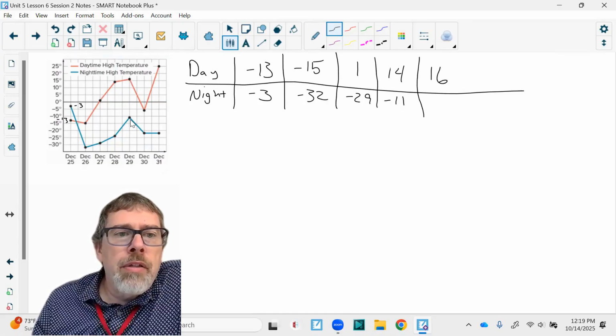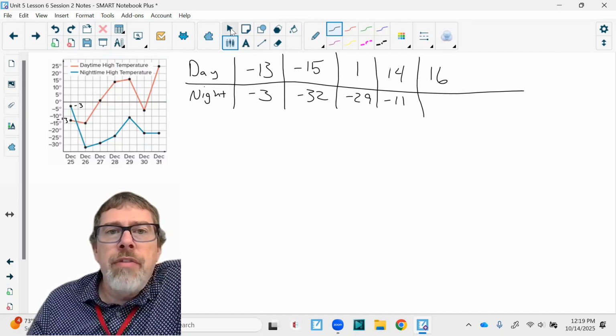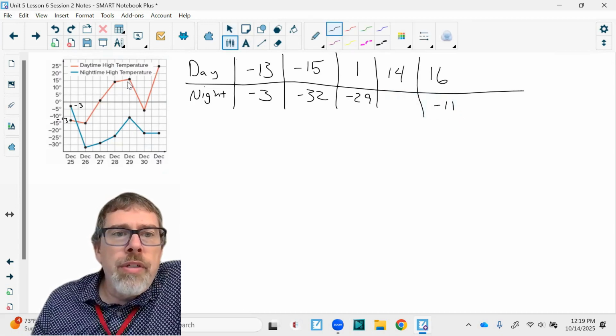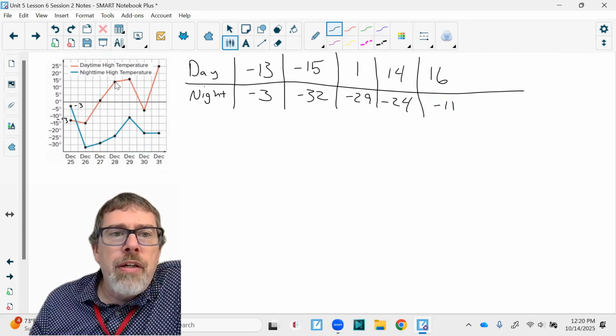And that looks like -11. Did I do this one wrong? I did. This -11 is here, and 14 was here. I should have gone down here. That's -24. So let me fix that. So 14, -24. 16, -11. Okay.